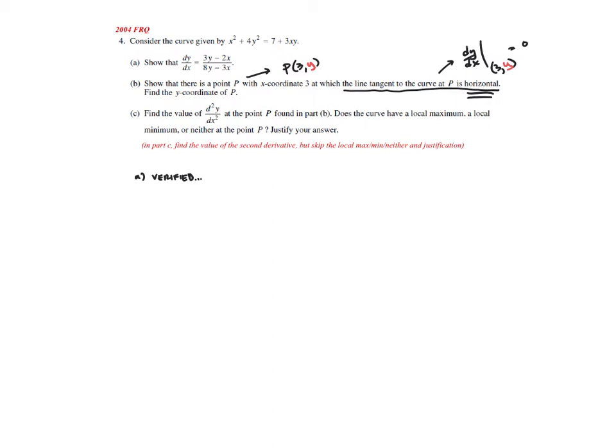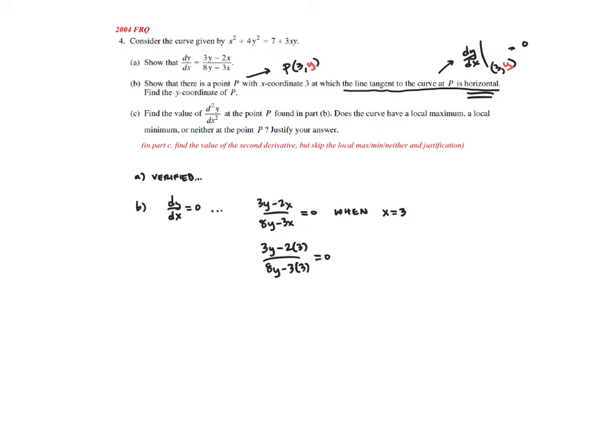So part B. Let's see how we're going to go about this. If dy/dx equals 0, then that means that (3y minus 2x) over (8y minus 3x) should equal 0 when x equals 3. So let's plug in x equals 3 here. This would be (3y minus 2 times 3) over (8y minus 3 times 3).